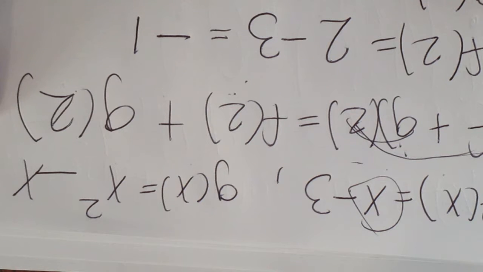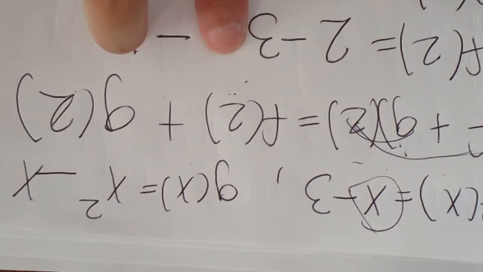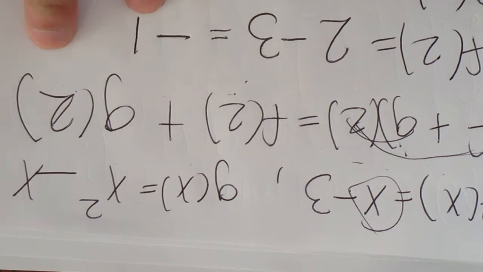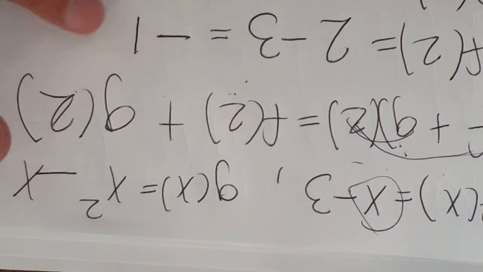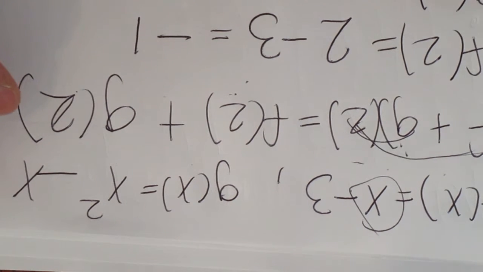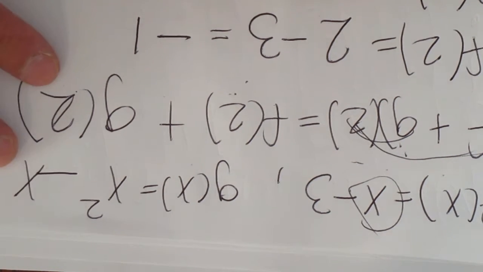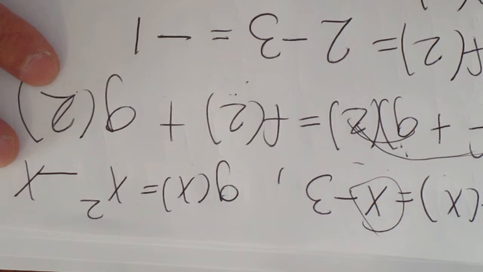Now this is just addition, so all we're doing is adding these two together. So f of 2 plus g of 2: what is f of 2? Negative 1. And then g of 2 is plus 2. That gives you 2 minus 1, which is 1.